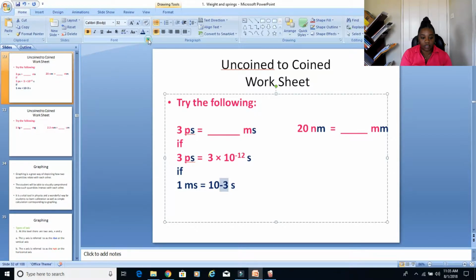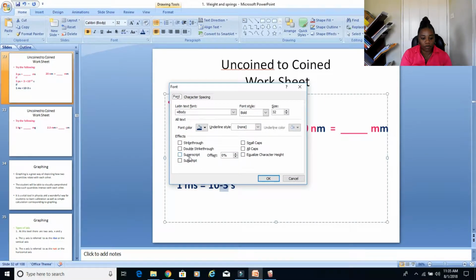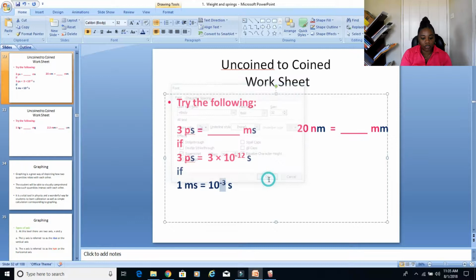That's the case. They are comparable now because they have the same root. So we already found out how many seconds make up the 3 picoseconds. So we got rid of the pico, right? Now we found out how many seconds make up a millisecond. I know they're comparable because guess what?